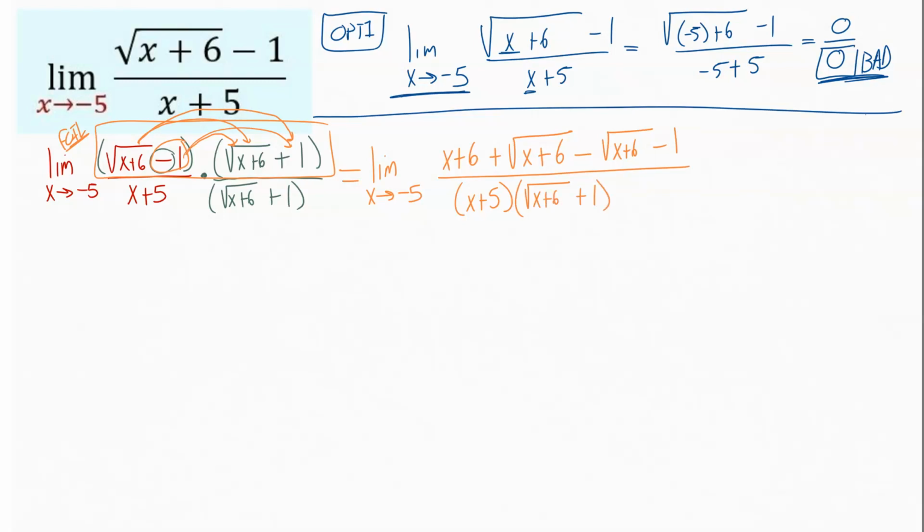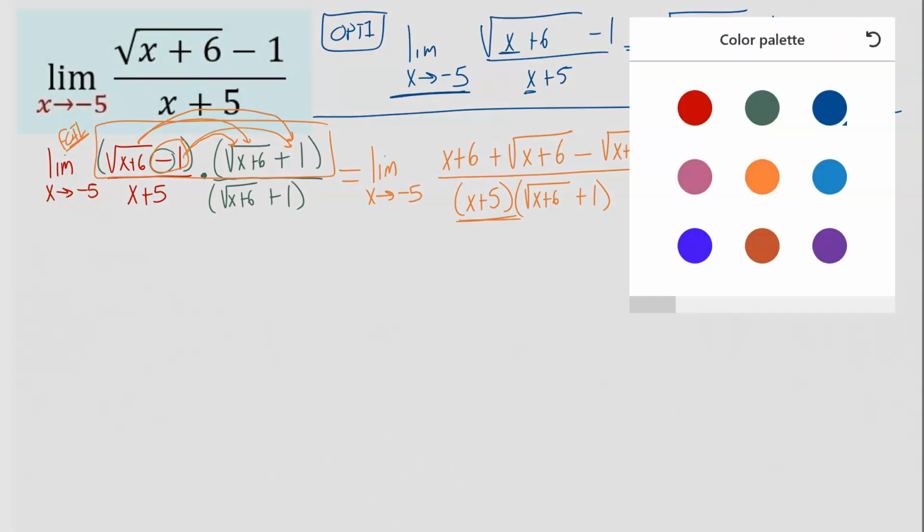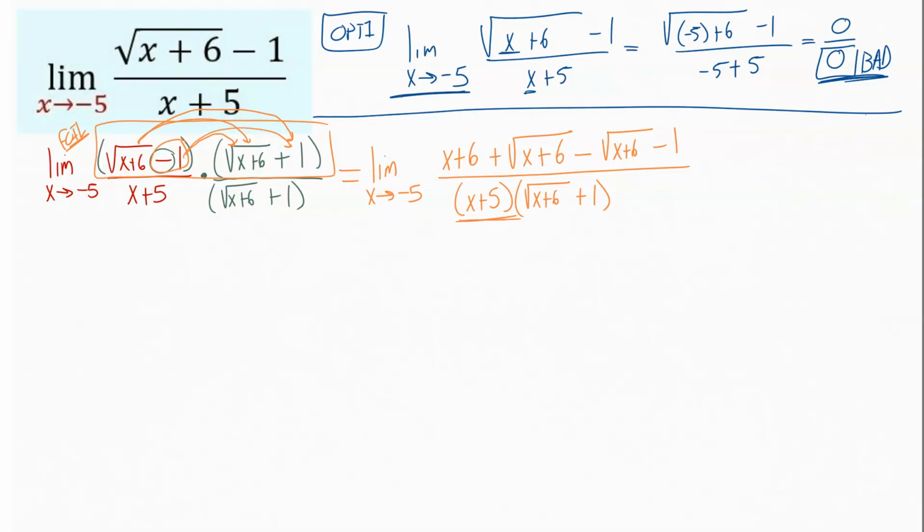And in this situation, it's going to mess up what we want to keep our eye on, which is this plus 5 down here that's kind of doing us in. What you should see happen every time, if you did this process right, is these square roots in the middle should cancel. I've got a positive square root of x plus 6, negative square root of x plus 6. Those conveniently cancel.